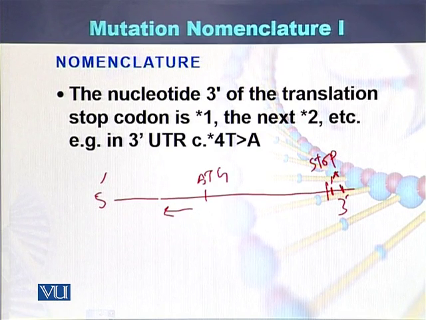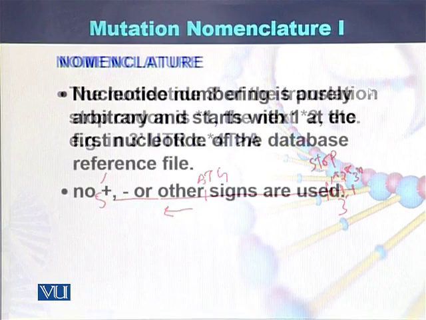The next nucleotide will be marked as 2 and an asterisk. The next nucleotide will be marked as 3 and an asterisk. So all the nucleotides which are present beyond the stop codon will be marked by 1*, 2*, 3*, in this way.